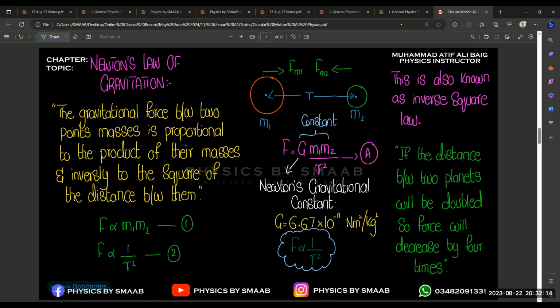No. Okay, so the next concept is related to this. Now we know about the concept of the gravitational field, and we also know about the concept of the centripetal force, right?